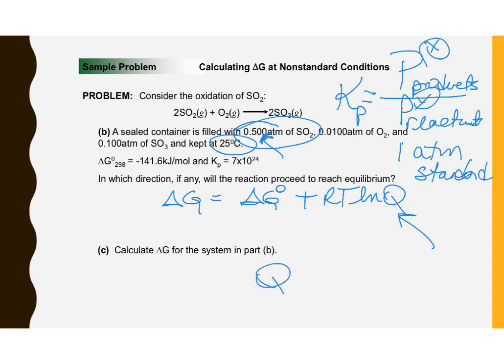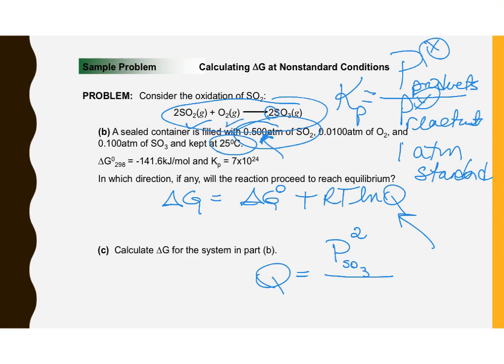So Q, remember, is products over reactants. In this case, it's in terms of pressure. Look back at the reaction. It's going to be the pressure of SO3, that's the product, and SO3 has a coefficient of 2, so that pressure is going to be squared, divided by the pressure of each of the reactants.